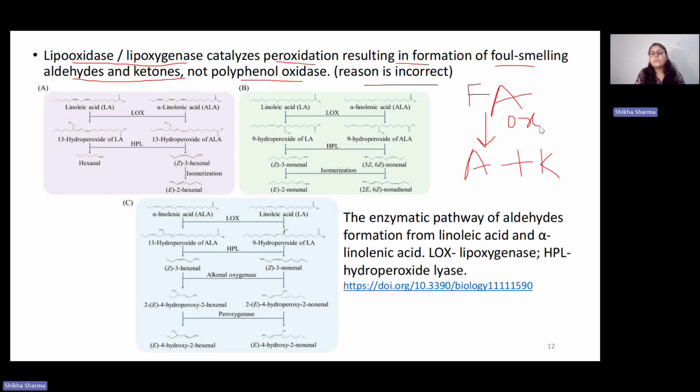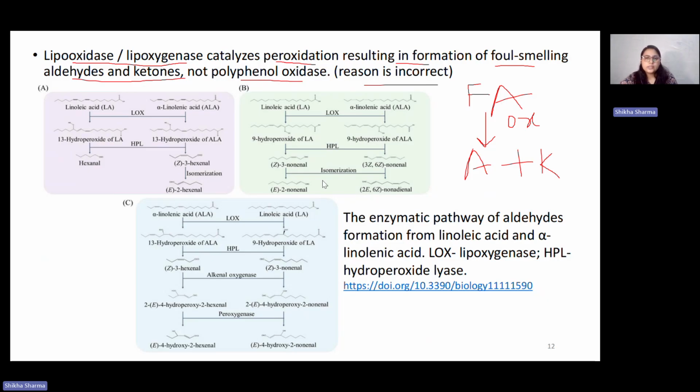We say that when we store fats for a long period of time, they oxidize and a rancid smell starts coming. That is what is happening: the fatty acids oxidize and convert into aldehydes and ketones, which give this foul smell. It takes place with the help of enzymes like lipoxygenase.